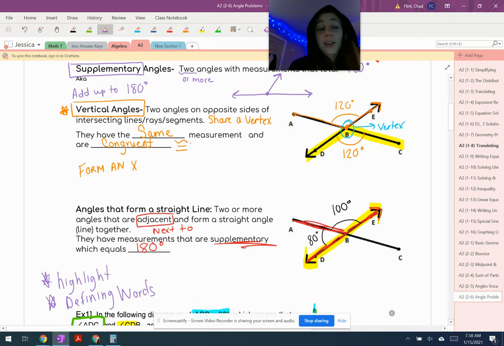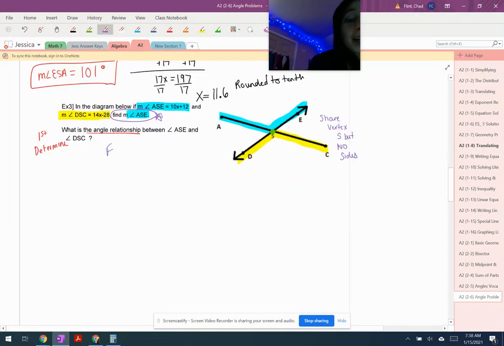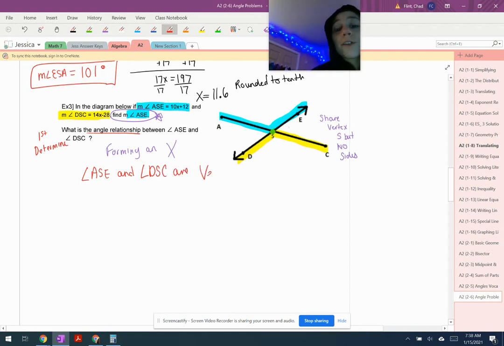They're making that X. Remember, they form an X. We've got that stated right there. That is what's actually going on here. These are forming an X, which means angle ASE and angle DSC are what are called vertical angles.